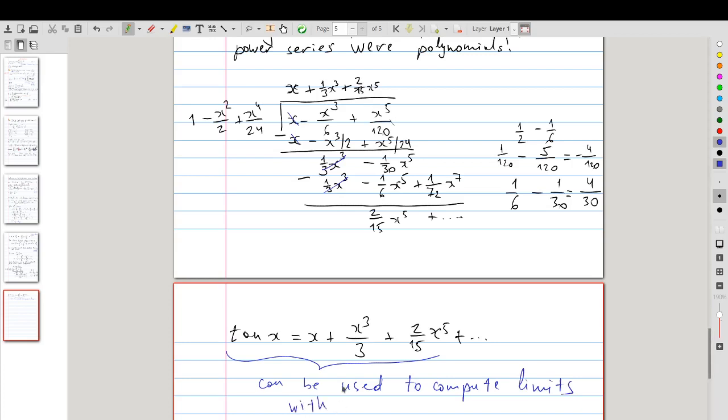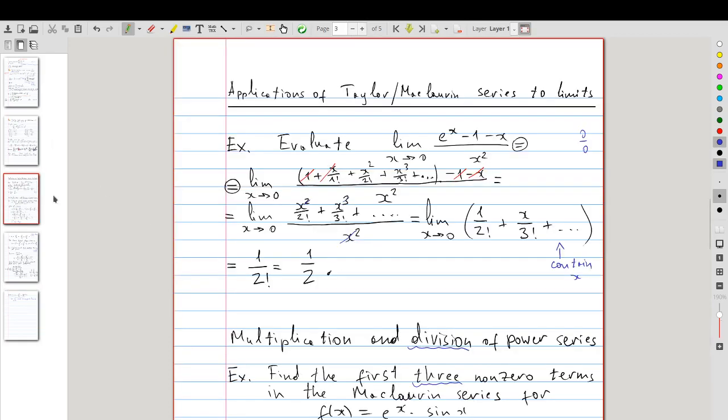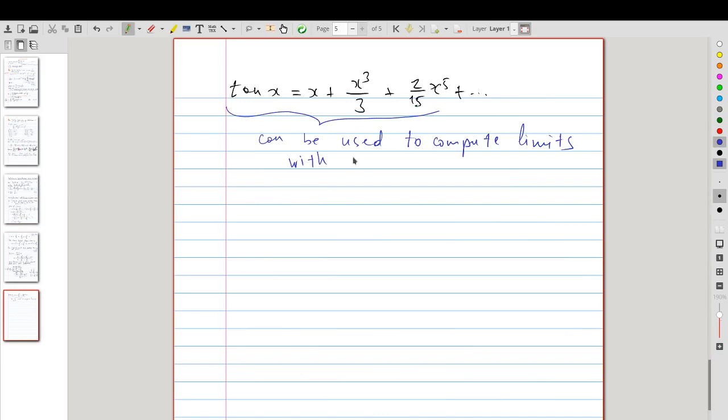And we saw how to do that right here when we evaluated this particular limit. So in precisely the same way, you can replace tangent x with this expansion when x goes to 0, and that will be a viable way to compute limits.